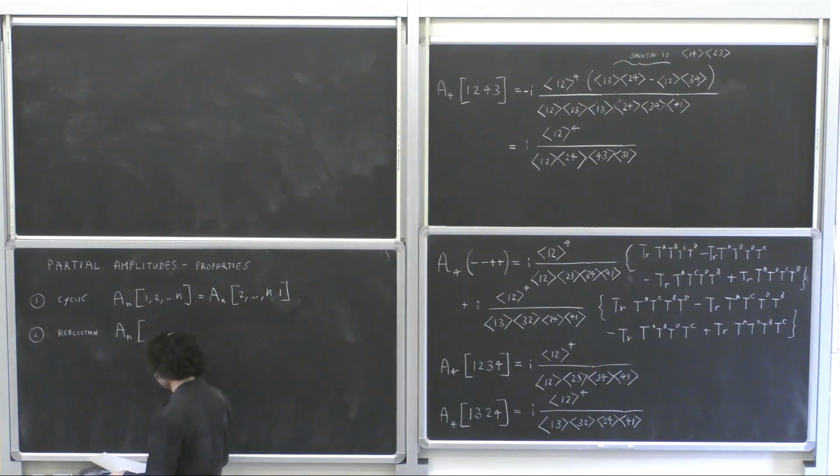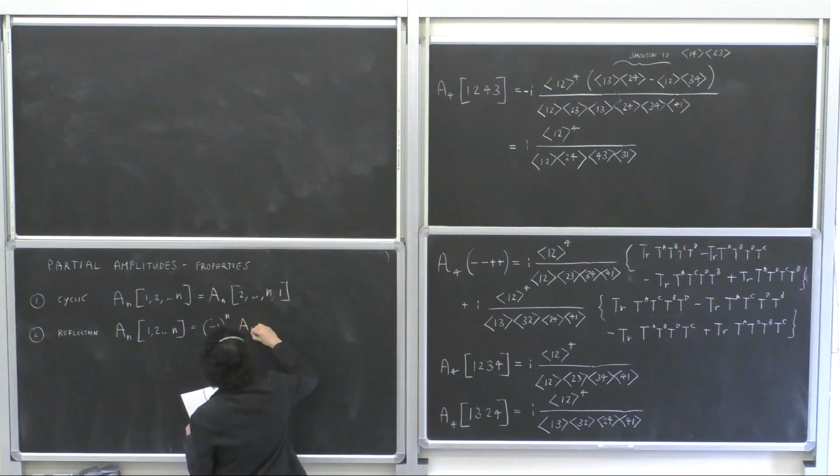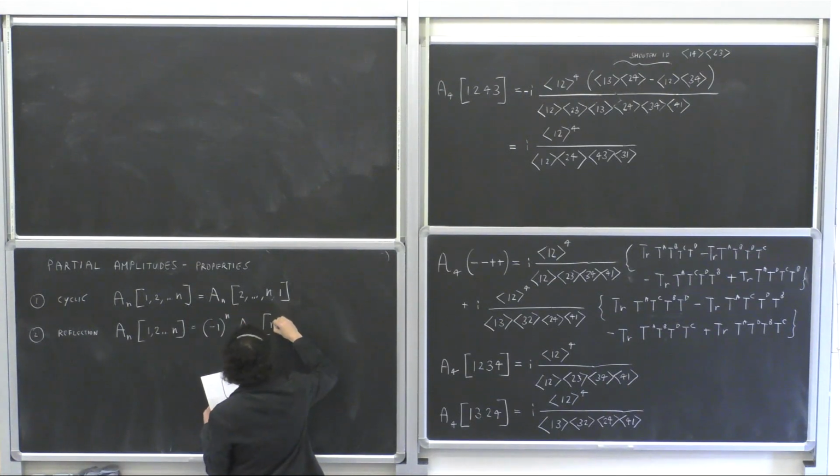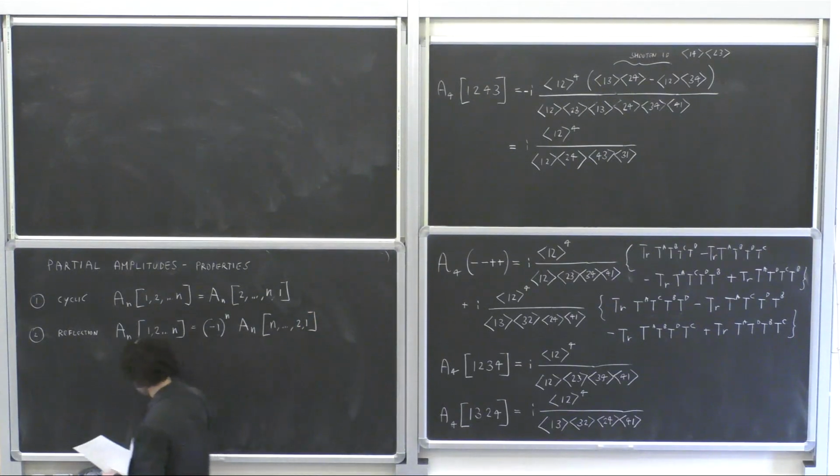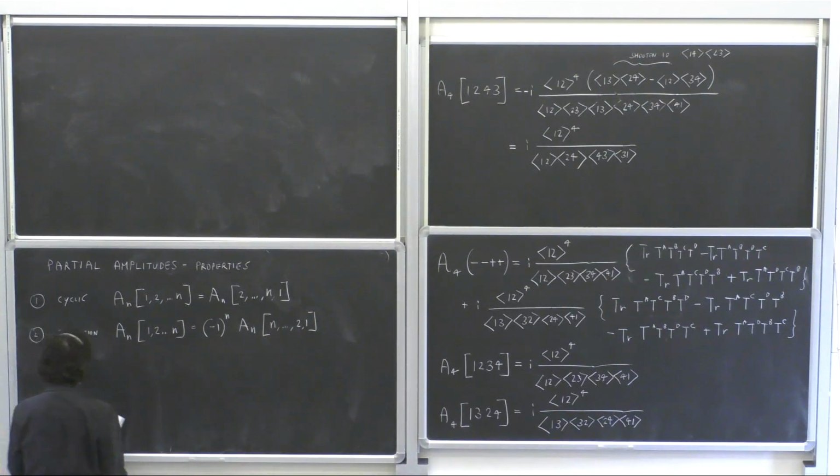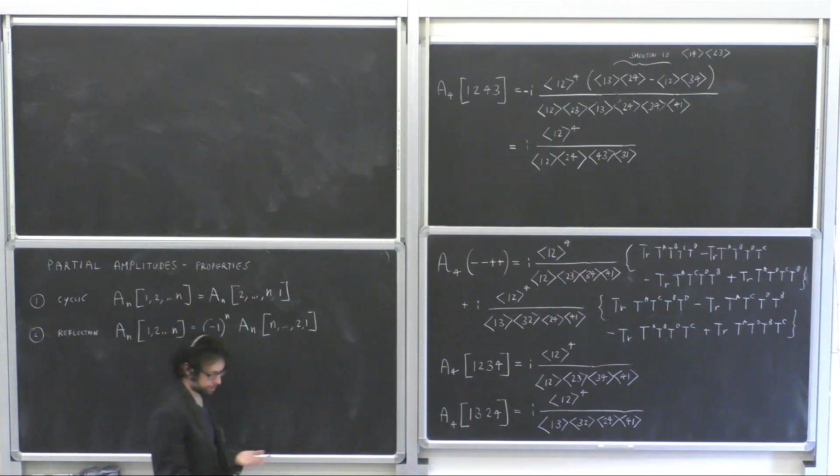Actually, if you do this carefully at higher points, you would find that there is a sign coming from the multiplicity. And this is the n with the reverse order, n to 1. So this is another property, and I would say it emerges by construction.